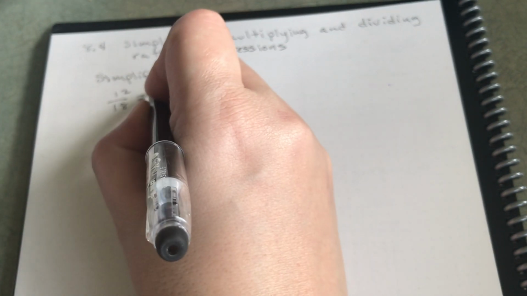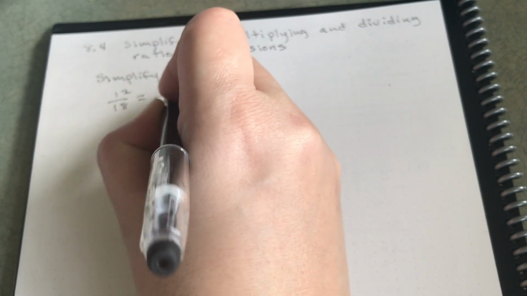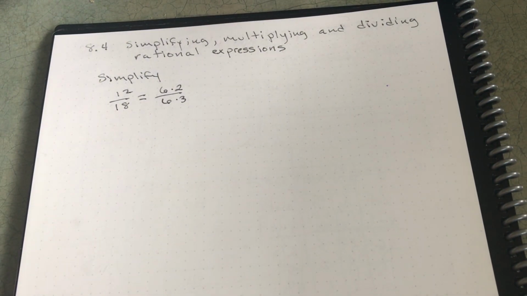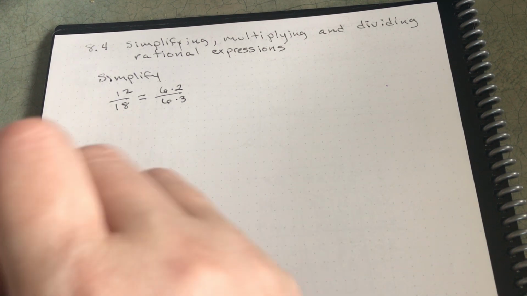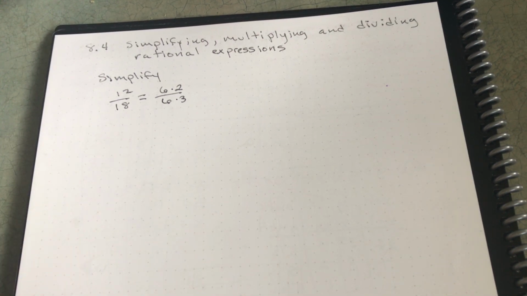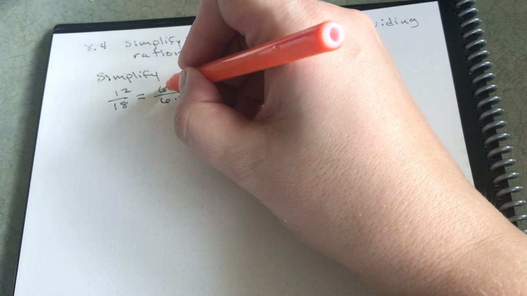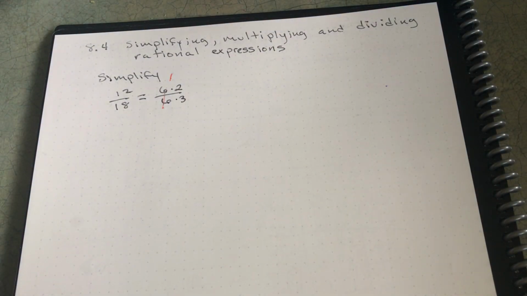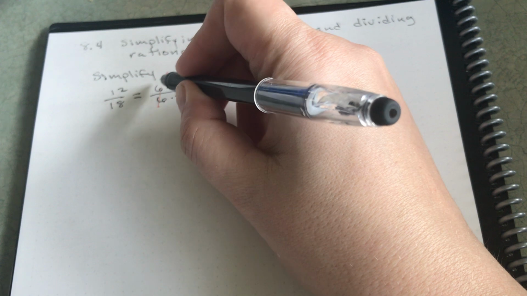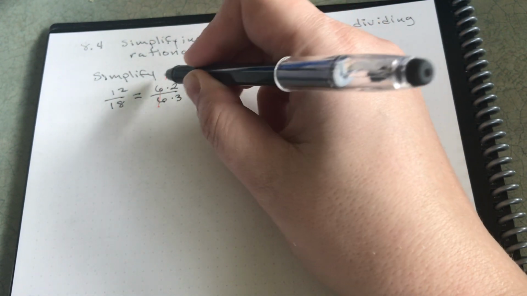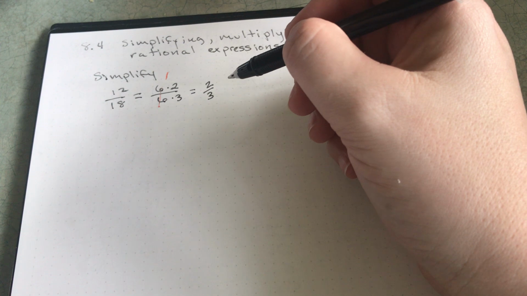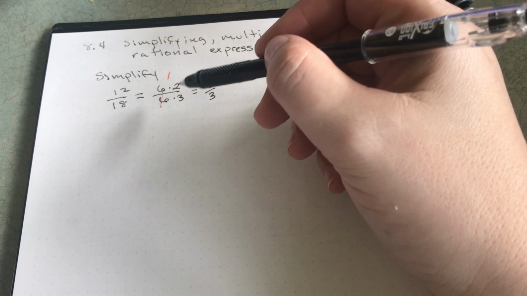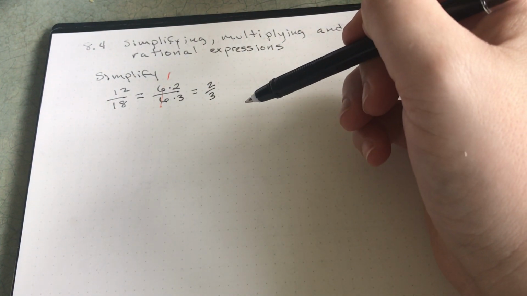So I could rewrite 12 as 6 times 2, and I could rewrite 18 as 6 times 3. Okay, and so then I know that 6 divided by 6 is 1. So I'm left with 2/3, right? Because 1 times 2 is just 2. Because this is all multiplication, the 1 just disappears, and we're just left with 2/3.